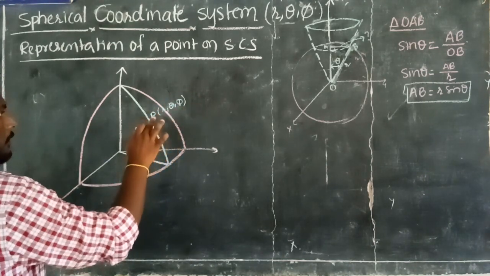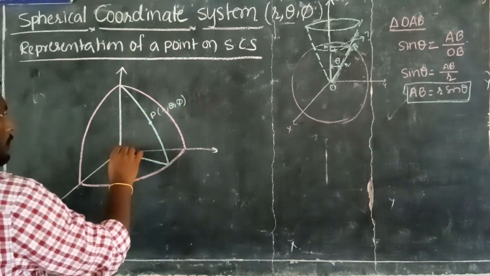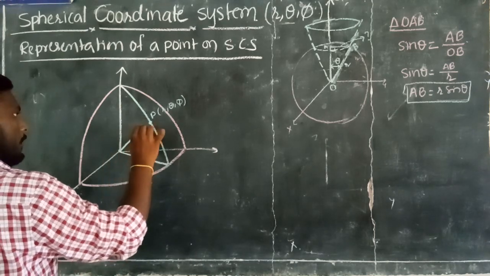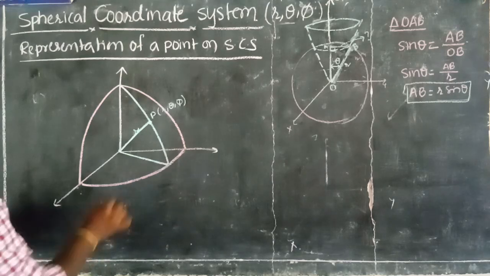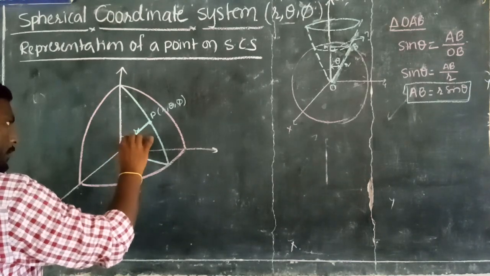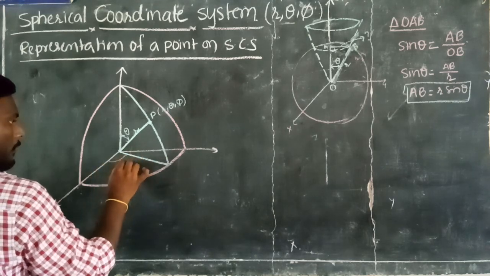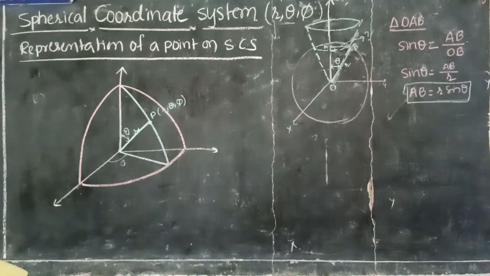If you imagine the point has r, theta, phi coordinates, how much is the distance from the origin to the point P? It is small r units distance, and it makes an angle theta and phi, like this. So this is the representation of point P.